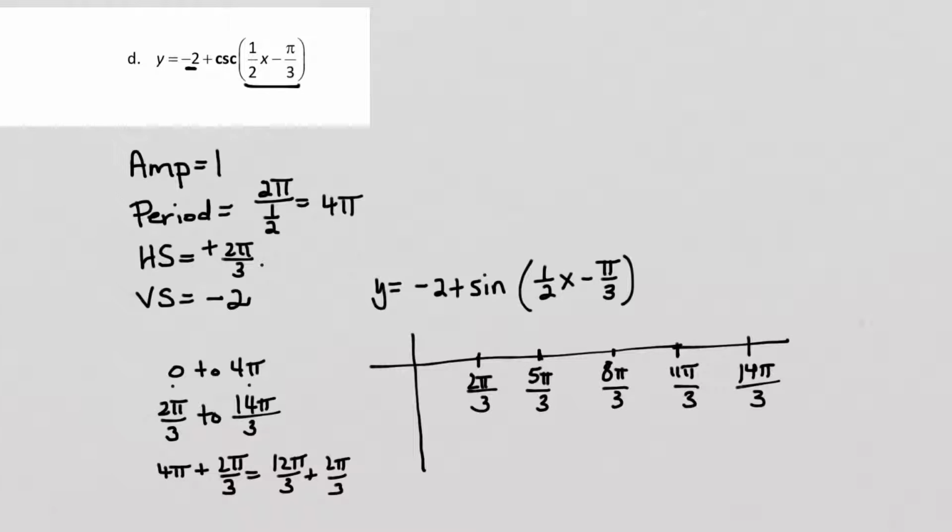And I know that my graph is shifted down 2 units. So here, I'll mark that in green, is my middle. Keep track of that. All right. And we know the amplitude is 1. So we want to go from -3 to -1. We've got a -2 in the middle of those.